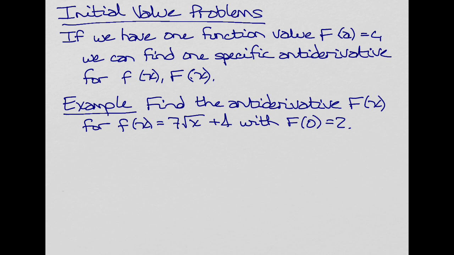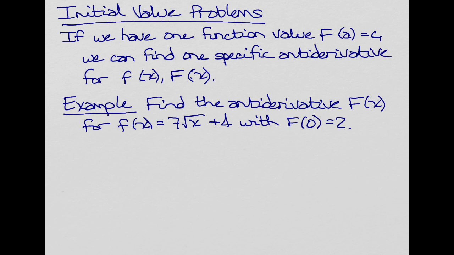If, in addition to having a function, I also specify one particular function value, we can narrow down that whole big family of antiderivatives with any value of c, the constant of integration, to just one specific one with one particular value of c. Let's take a look at how that works.